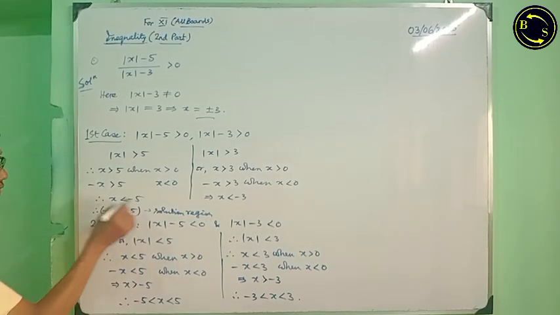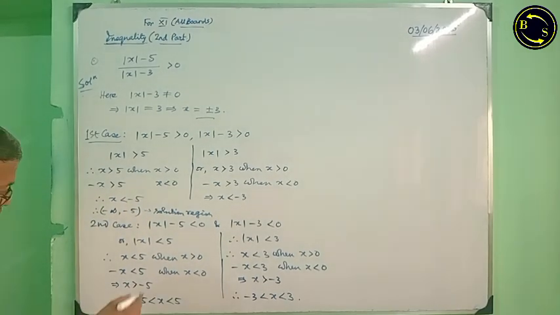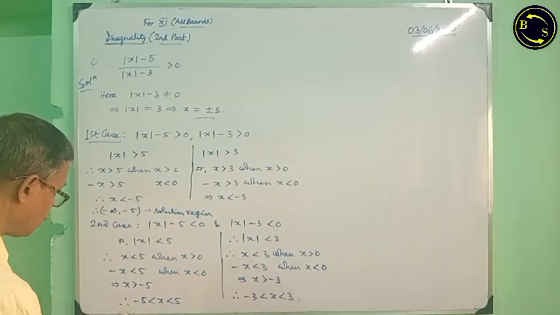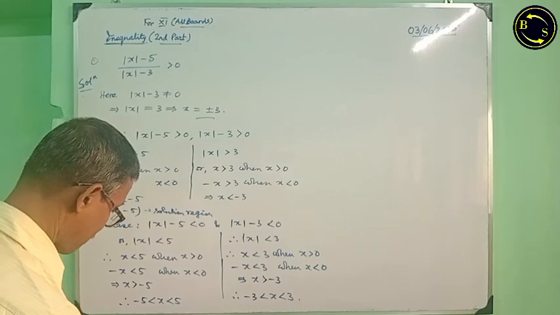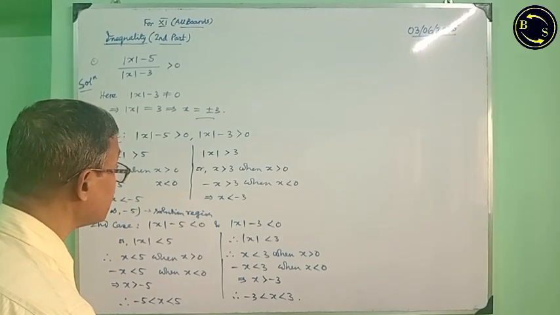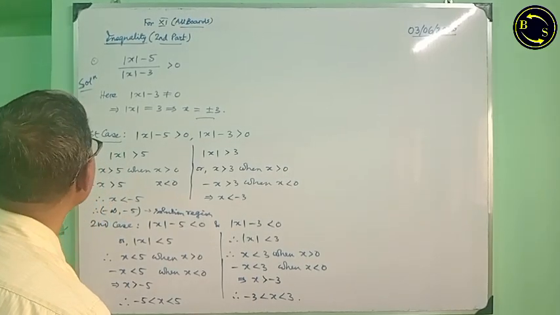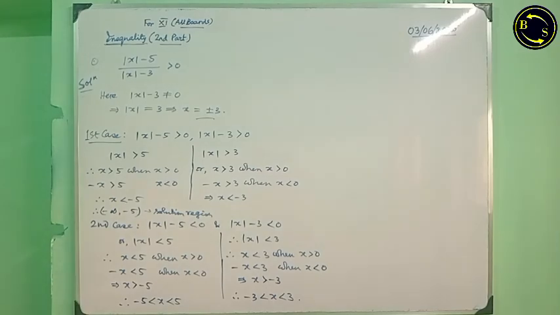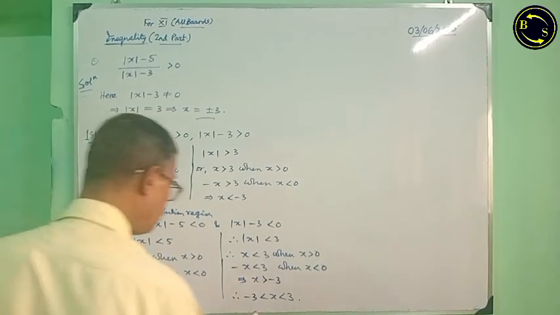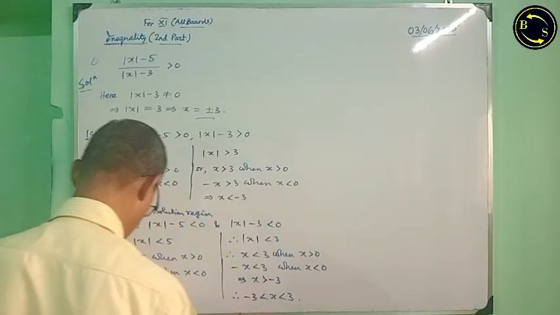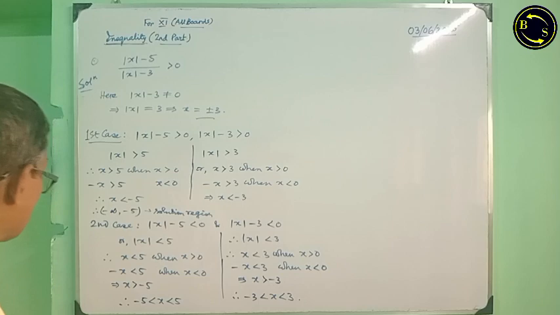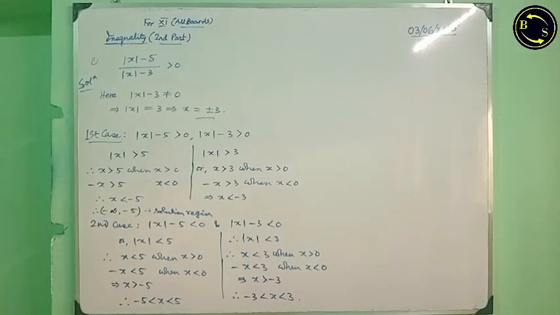From these two, this is the solution region, and from this one, the common solution region is minus 3 less than x less than 3, and 5 to infinity.